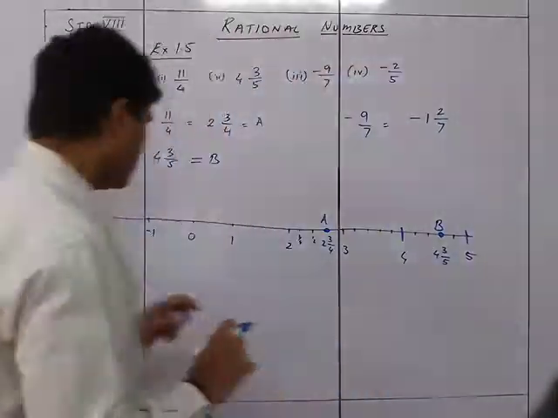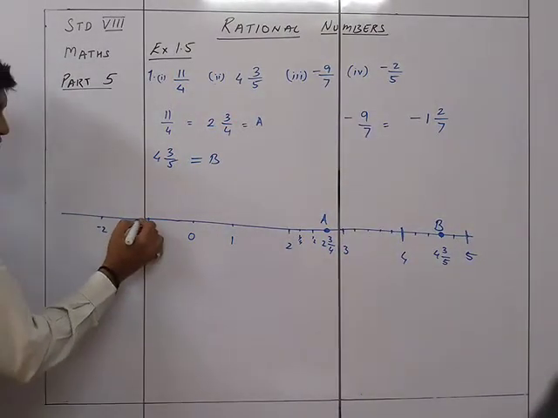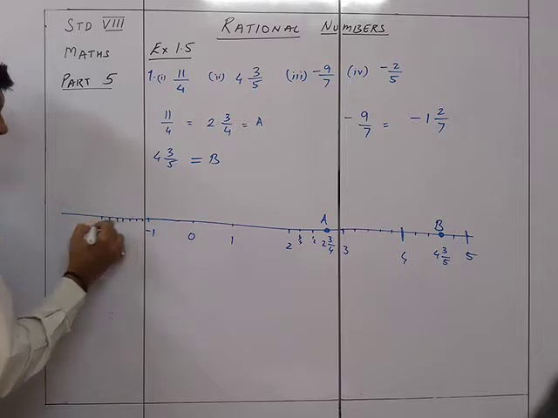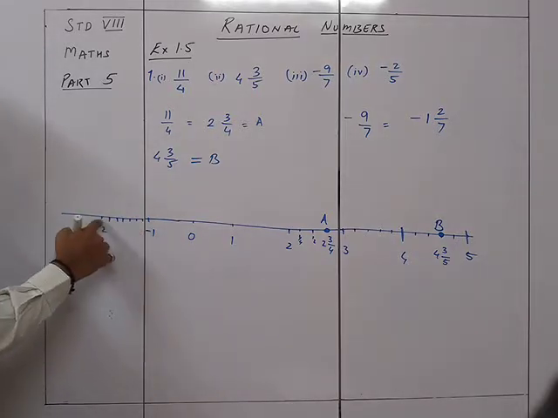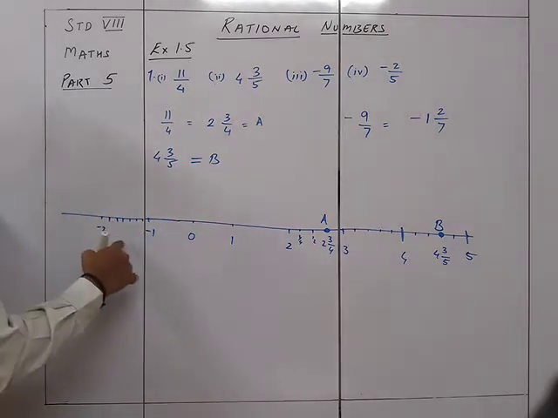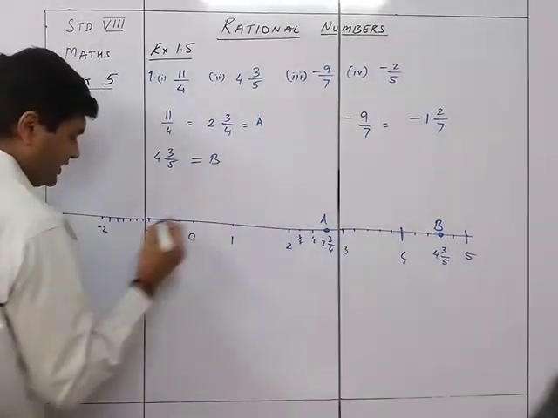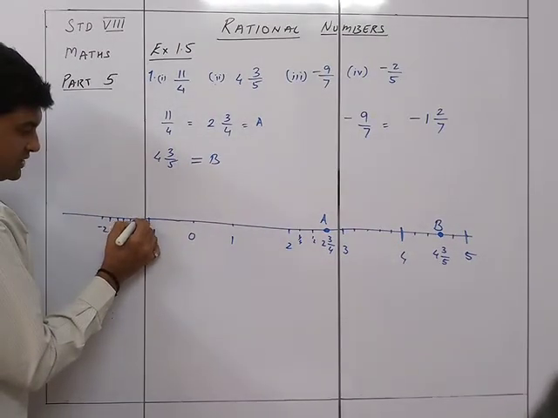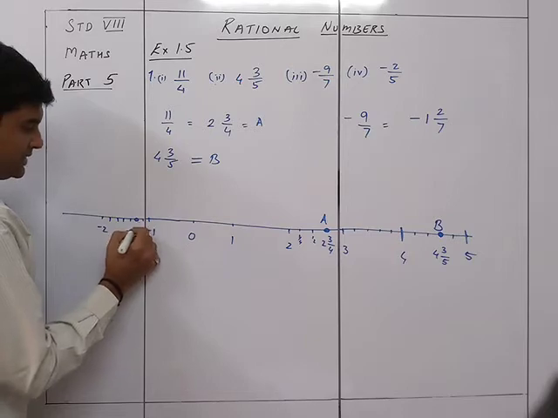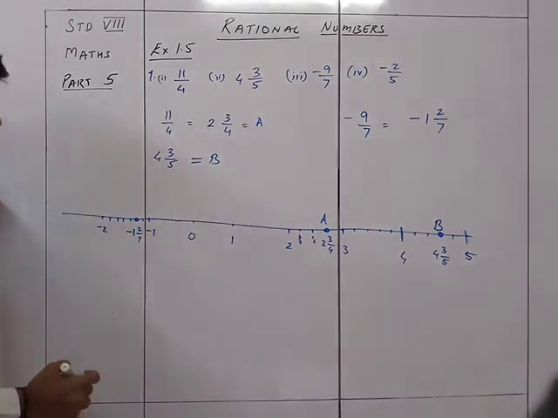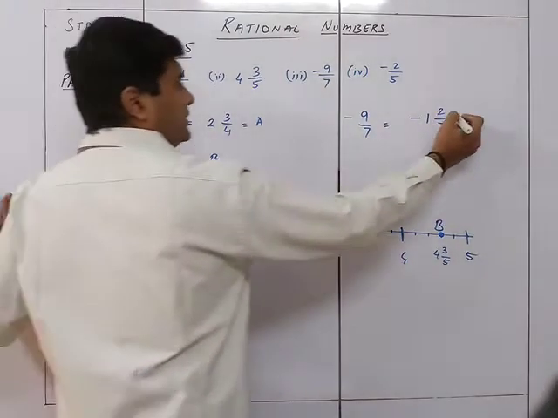So it will be 6 dashes in between, 7 equal parts: 1 2 3 4 5 6 and 7. I am talking about the second part over here. So this over here is minus 1 2 upon 7. This is point C, which is over here.